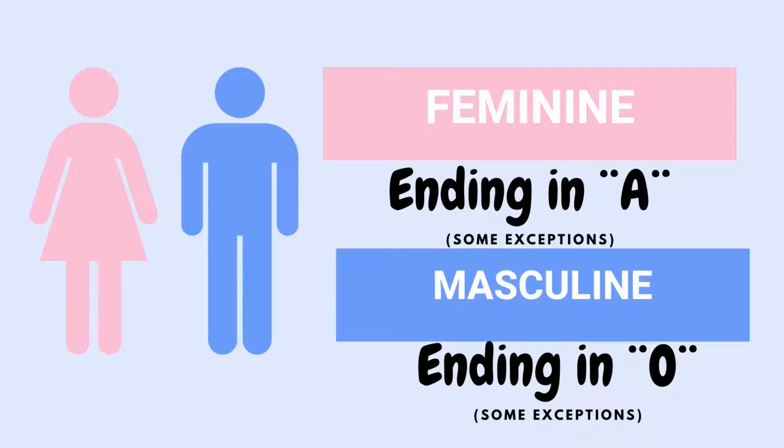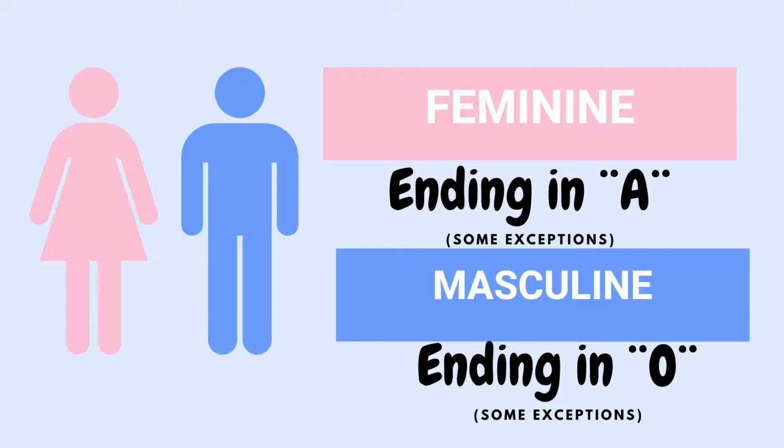There is a rule that says that all the nouns ending in A are feminine and all the nouns ending in O are masculine. Unfortunately, we have some exceptions to the rule and we have to memorize these exceptions one by one in order to master them.